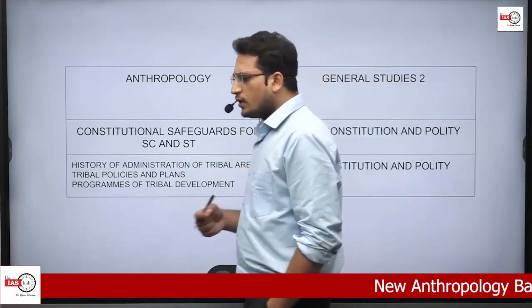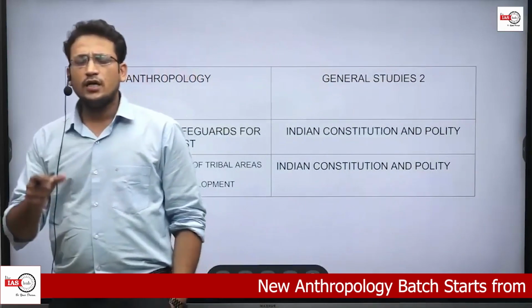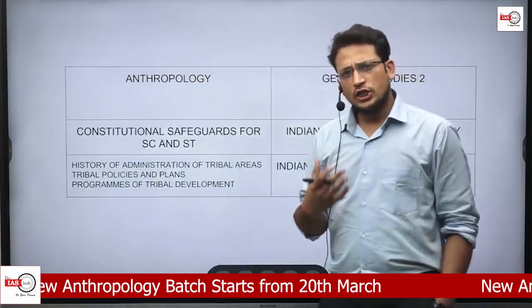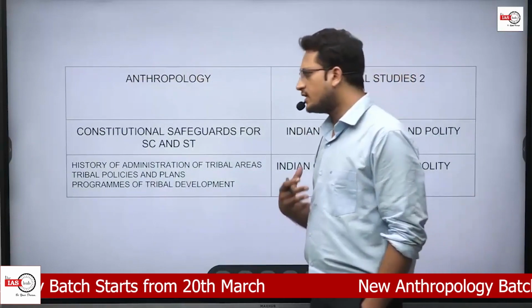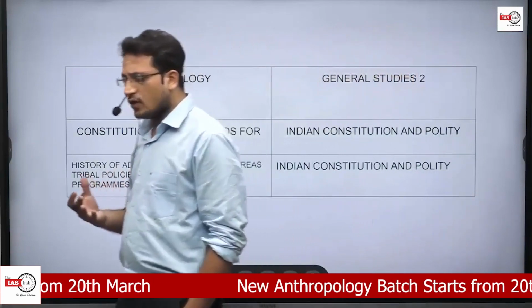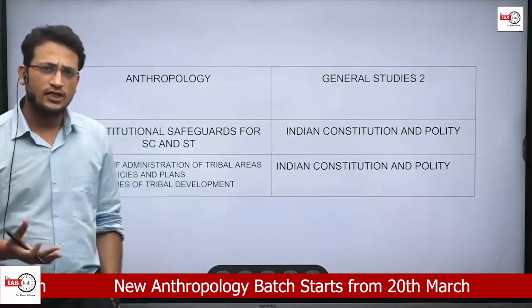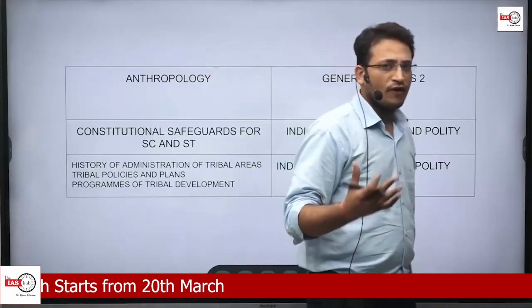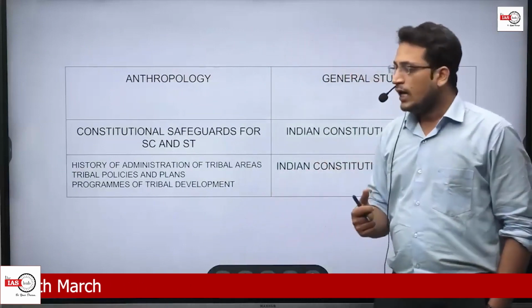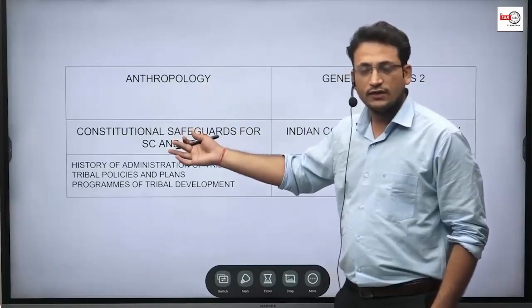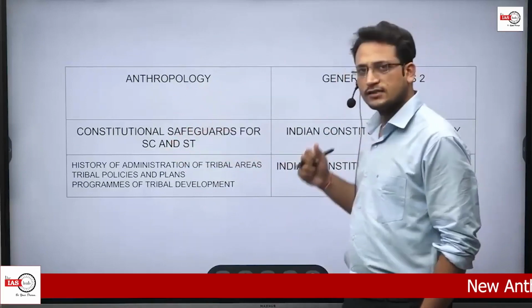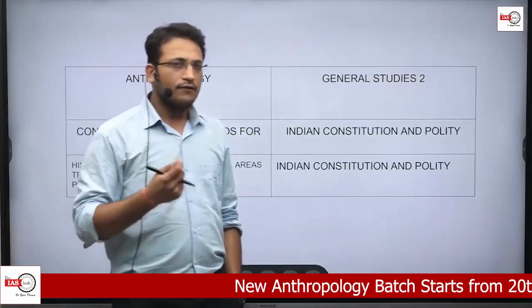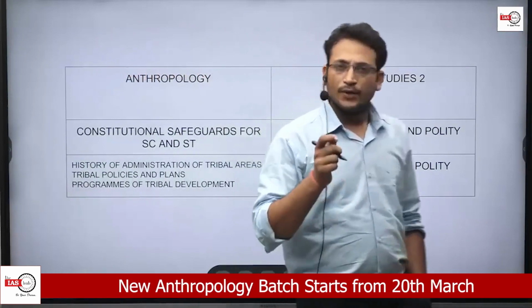And it will also talk about the tribal situation in India at this present moment, where the Constitution has given them certain safeguards, as far as the scheduled castes and scheduled tribes are concerned. These constitutional safeguards are mentioned under Schedule 5 and Schedule 6, as you all know, and these will be covered here in anthropology, which will definitely help you in your general studies paper 2, Indian Constitution and Polity. And it will give you an extra edge in preparing for prelims also.